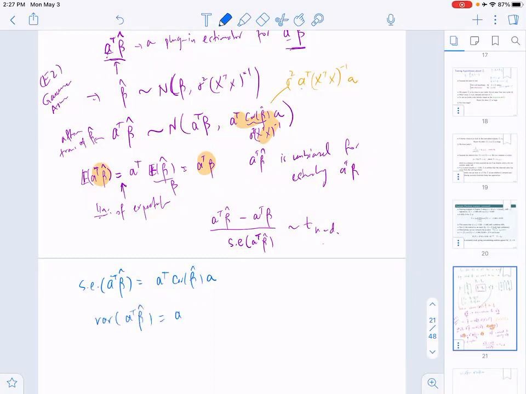So that's the variance. We have figured this out. That's actually, there's a sigma squared there as well. So the variance of this is sigma squared A transpose covariance of beta hat A. This is the covariance matrix, which is just the variance because things are univariate. So we have calculated this already.